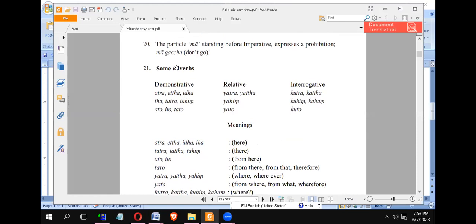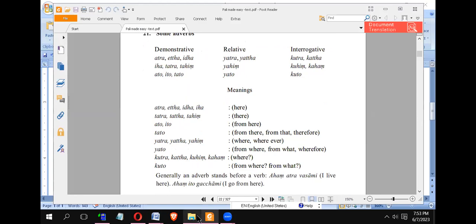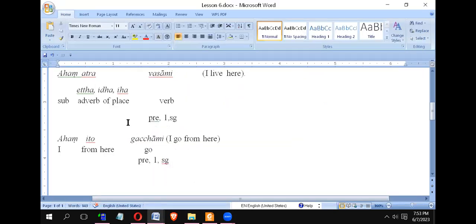You want to put adverb here also, you also can put demonstrative. So it's up to you. If you want to be more specific, you can put demonstrative adverb. It's actually an adverb here. Demonstrative means you denote the place, you show the place.